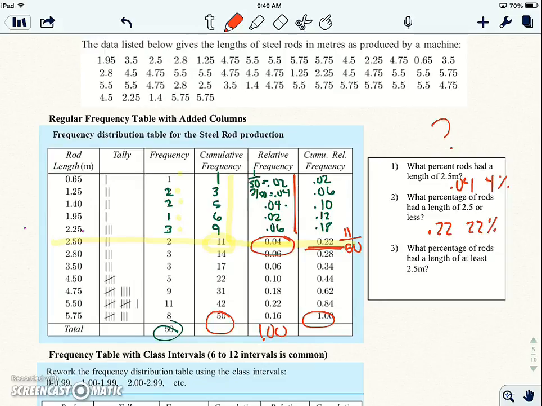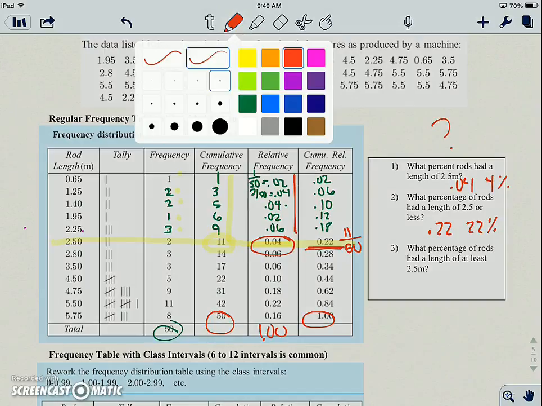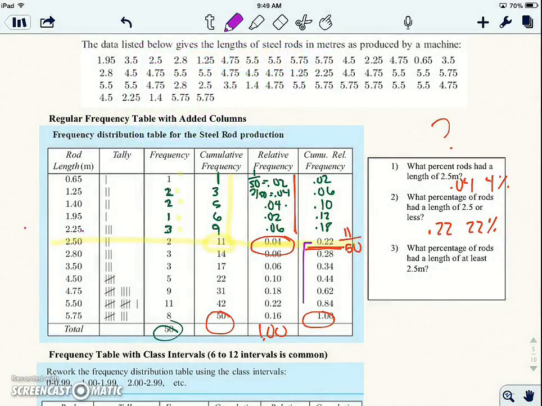And then it says what percentage of rods had a length of at least 2.5? Well, that's from here up. So you could do a couple of things. You could add up 0.04 plus 0.06 plus 0.06 plus 0.1 plus all of these, or you could do that we have 100% minus this 18% right here, and that'll give us the remaining amount that we're looking for.